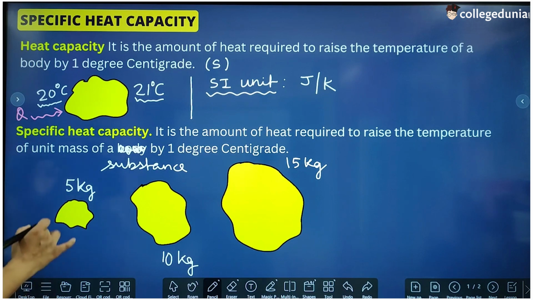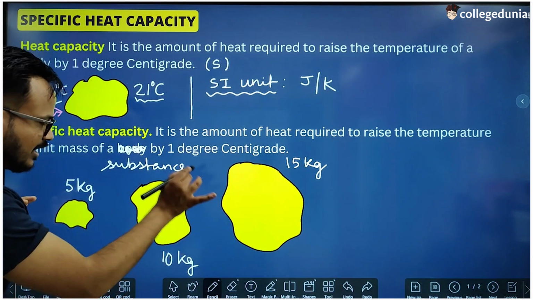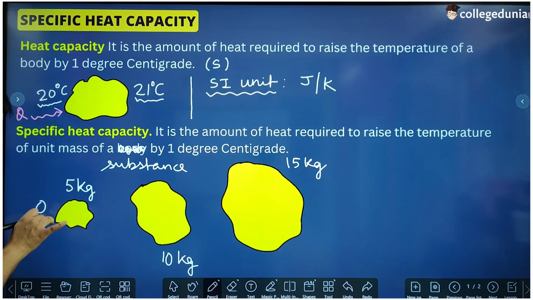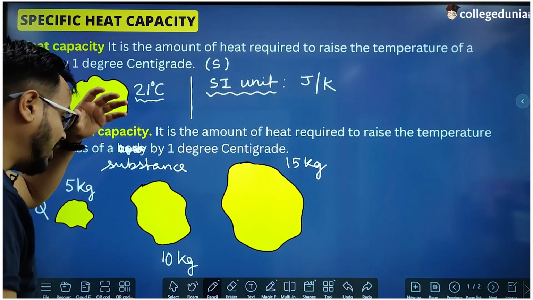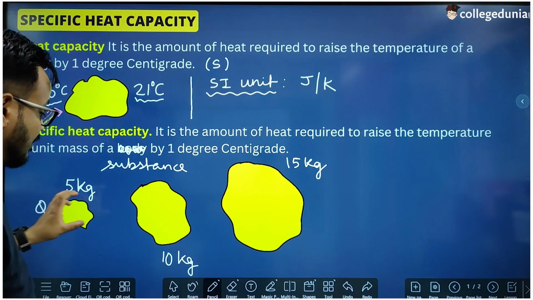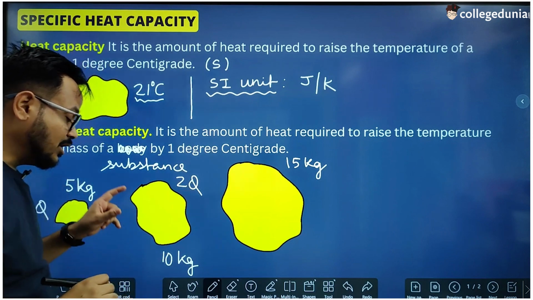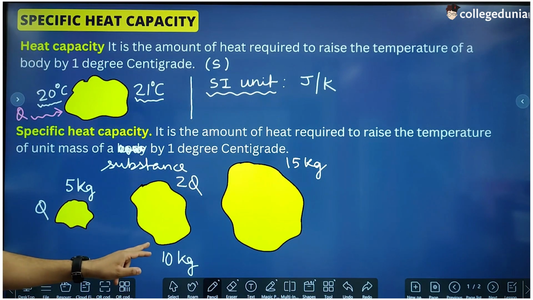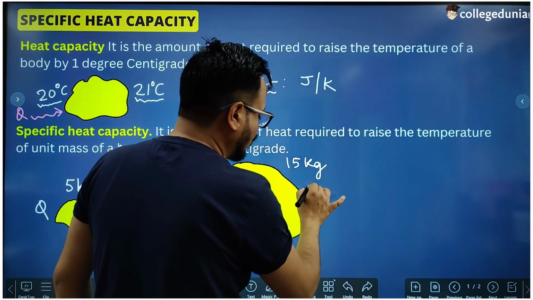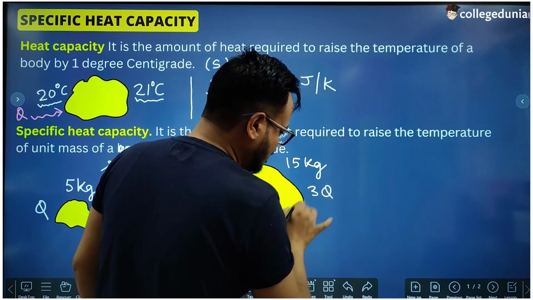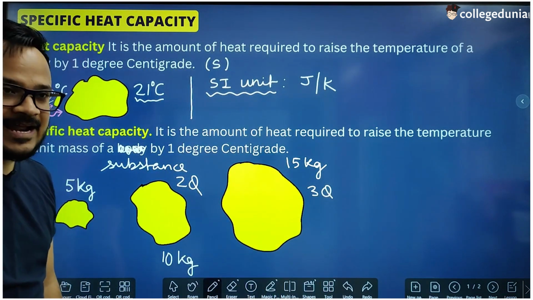Going by the ratio of masses, if the heat required to increase the temperature of this piece is Q, then the heat required for this piece will be 2Q, because the mass of this body is double. And the heat required for this piece will be 3Q.